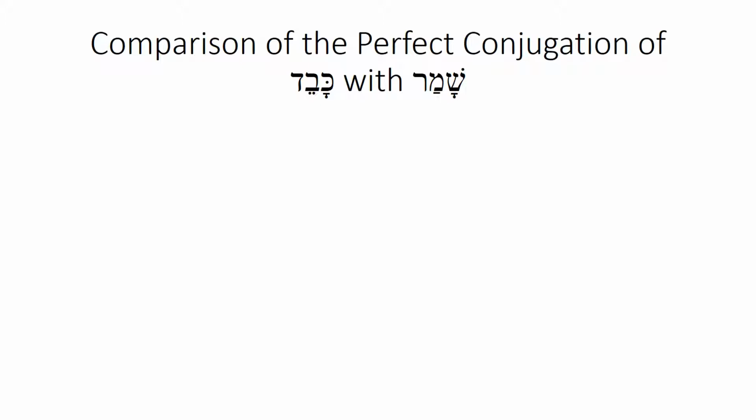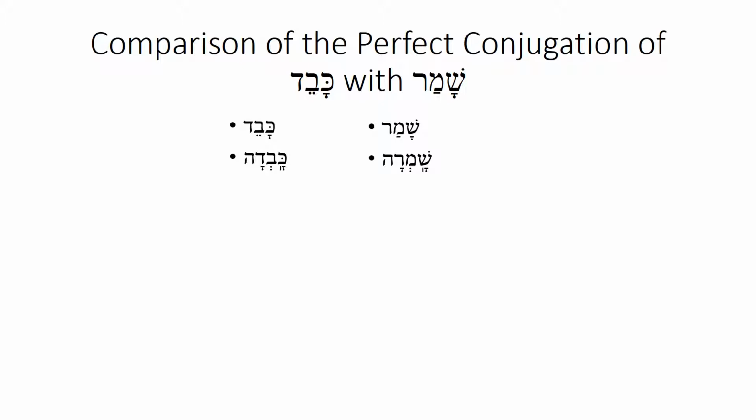Now, moving from the imperative conjugation to the perfect conjugation, we want to compare a regular A-class vowel with an E-class, a second stem E-class vowel, a stative verb. And what we see in the third person masculine singular is that E-class vowel is a second stem vowel, kaved, compared with shamer, but that E-class is only in that third person masculine singular.